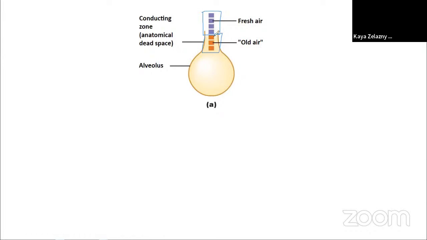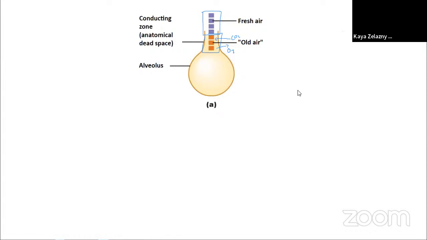Anything that was in the alveolus, we had O2 going into the blood, and we had CO2 going into this air. So that's what I mean by old air. We've already had this process happen, right? We took the oxygen out and we put carbon dioxide in.